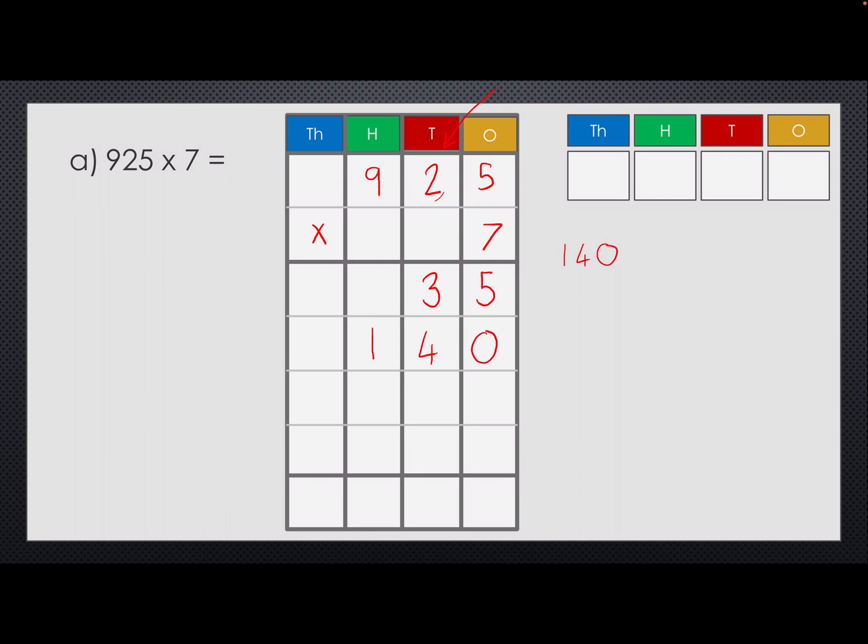And then we have 9 times 7, but it's actually 900 times 7. We need to remember that. 9 times 7 is 63. But this is 100 times bigger, 2 extra zeros. It's 63 moved twice. It's 6,300.